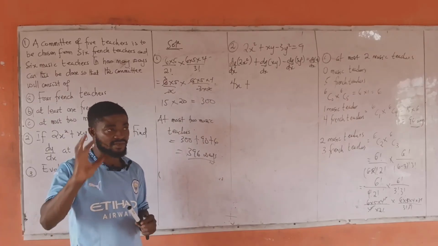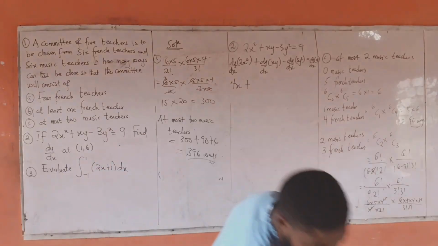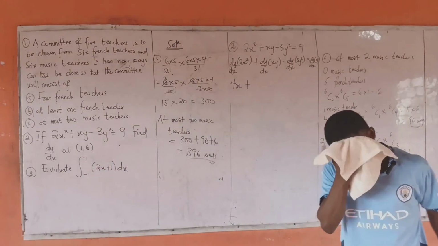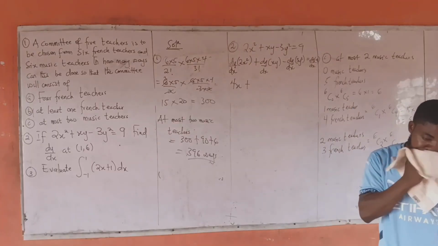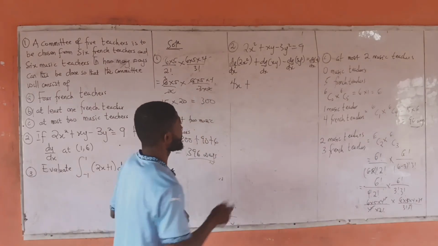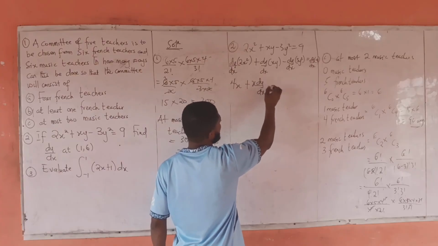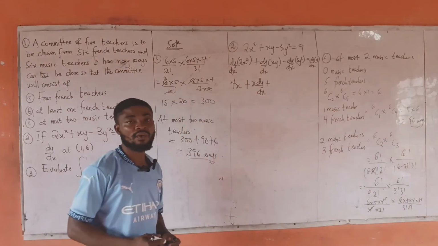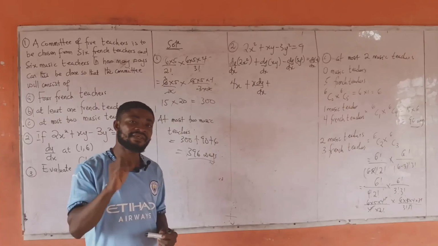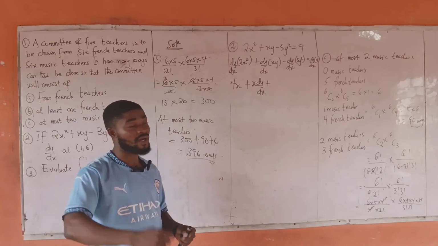Yes, when we hold x constant, meaning we are not differentiating x, that is what we are going to have. When we are done, we hold y constant, and then we differentiate x. The derivative of x is 1, and then 1 times y will give us y.